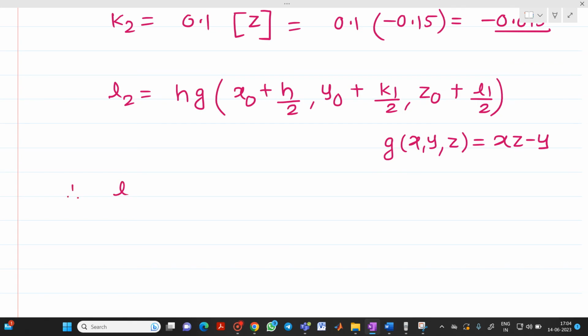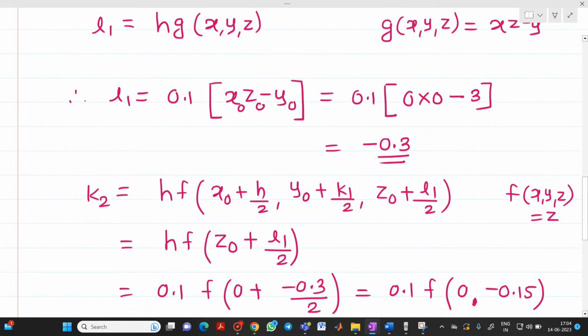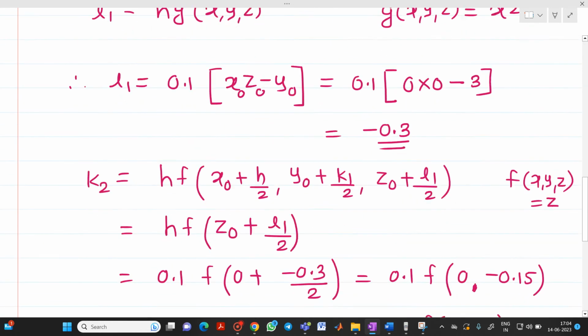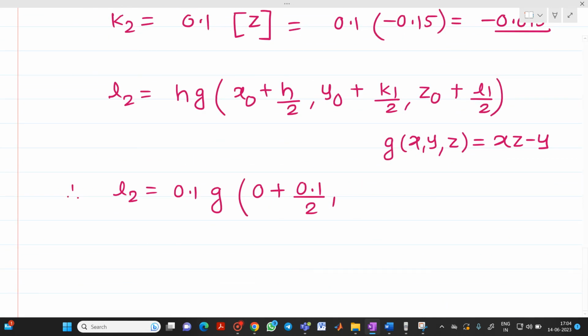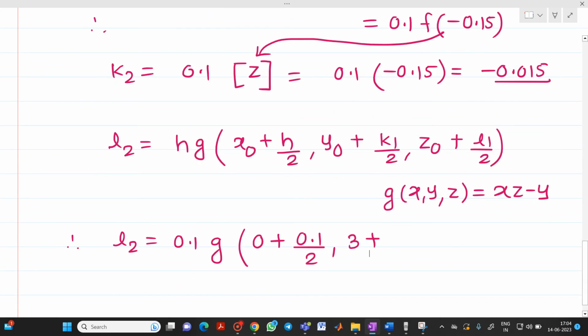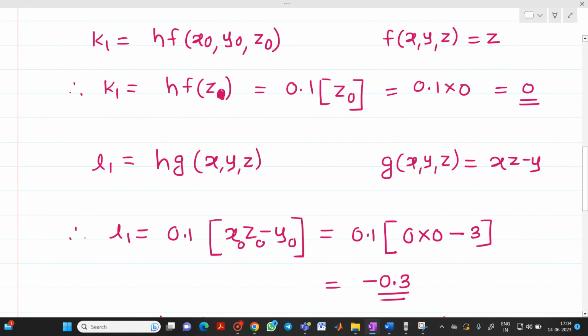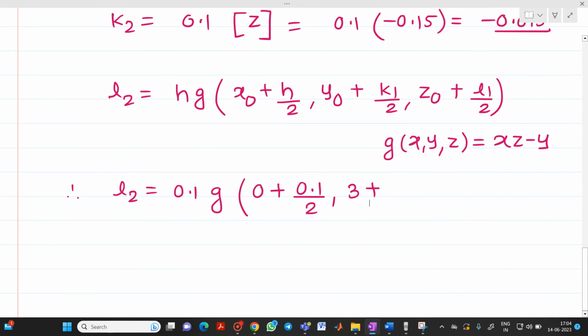So let me find it out. L2 will be equal to h, which is 0.1, into g of, what is x0? 0. What is h? 0.1 divided by 2. What is y0? Let me see the value of y0, 3. So therefore it will be 3 plus, what is here? K1. If you go through this, K1 will be 0. So here you will get 0 by 2.